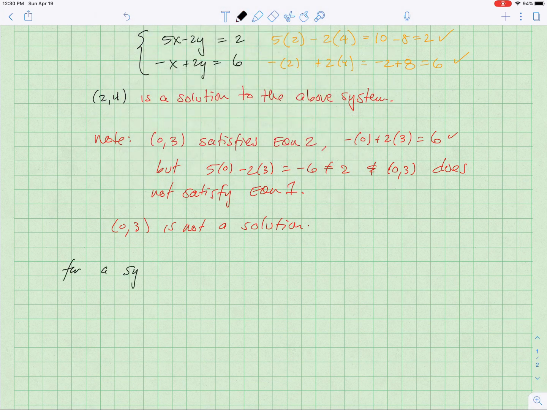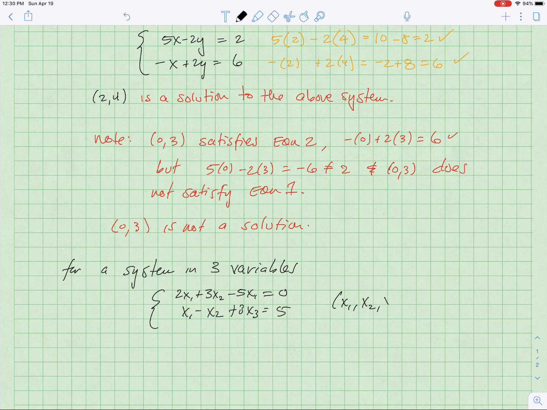For a system in 3 variables, like 2x1 plus 3x2 minus 5x1 is equal to 0, and x1 minus x2 plus 3x3 equals 5, a solution would be an ordered triple, x1, x2, x3.